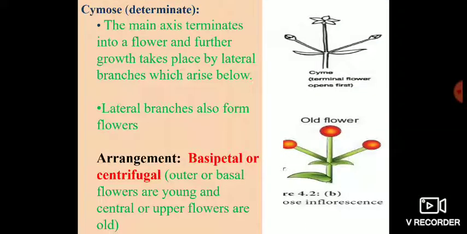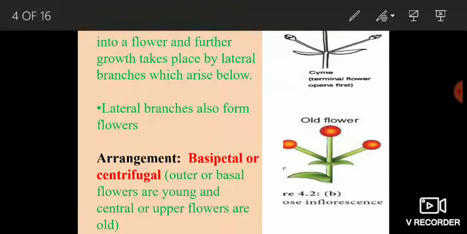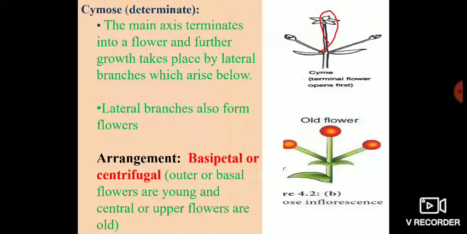Now the second one is cymose inflorescence or determinate inflorescence. In this type of inflorescence, the terminal bud of the inflorescence terminates into a flower, and that is why we say its growth is determinate, its growth is definite, it does not grow continuously.